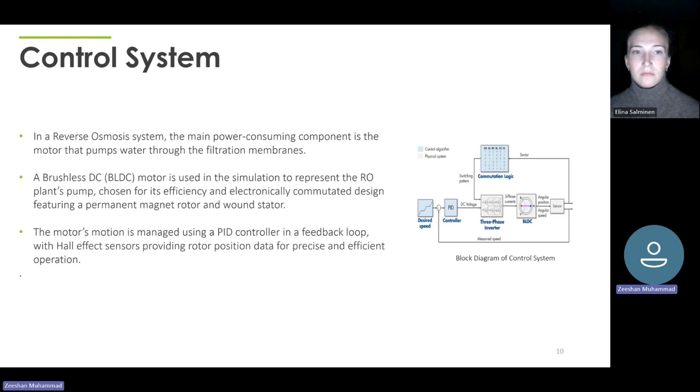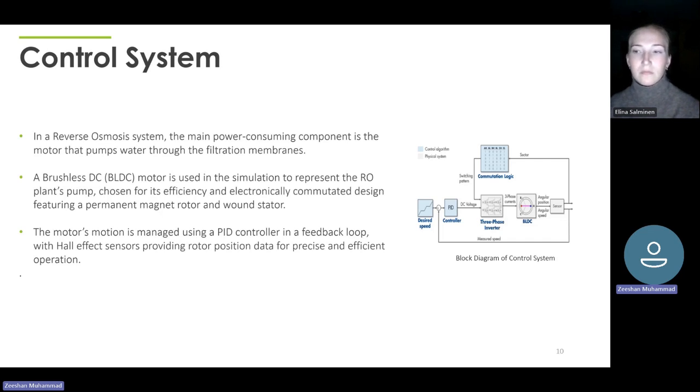Now, this is a brief introduction about the control system which we have used to optimize the power consumption of the reverse osmosis system. The main power consuming component is the motor that pumps the water through the filtration membranes.